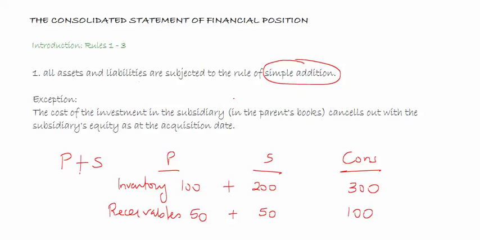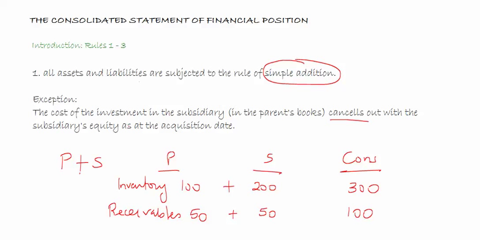Now, the only exception to that rule has to do with an asset that appears in the parent's books, and that asset is called the investment in a subsidiary. It normally appears in the books of the parent as an asset. Now that asset will cancel out with the subsidiary's equity.